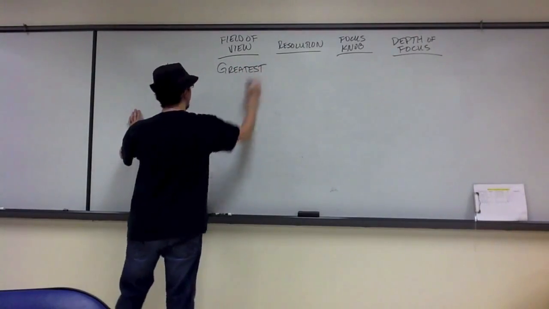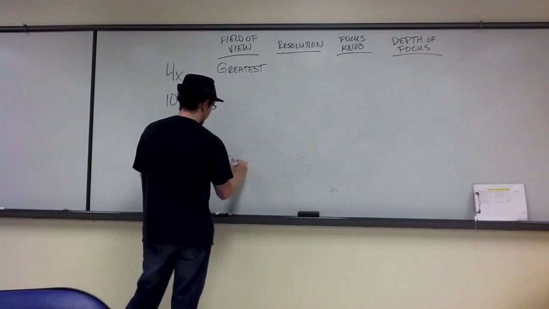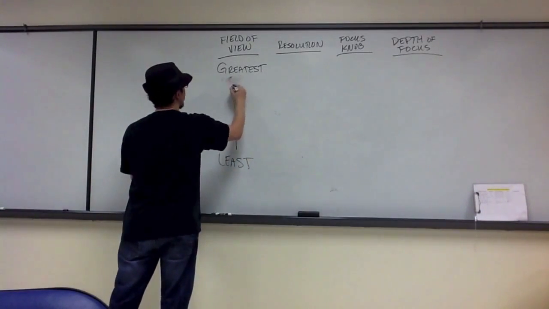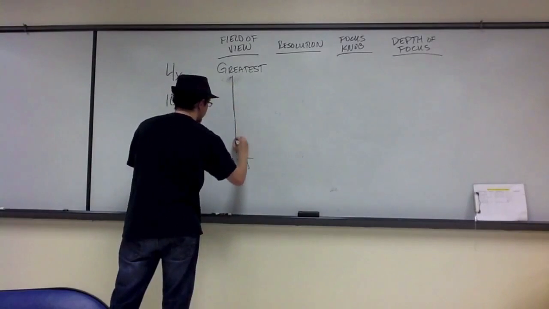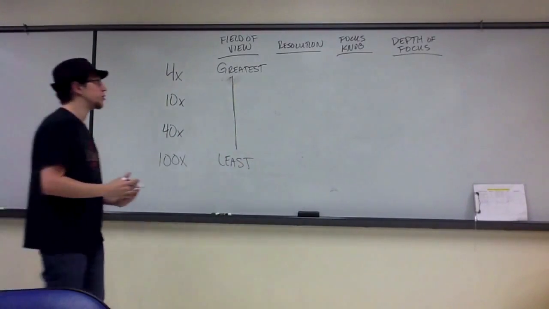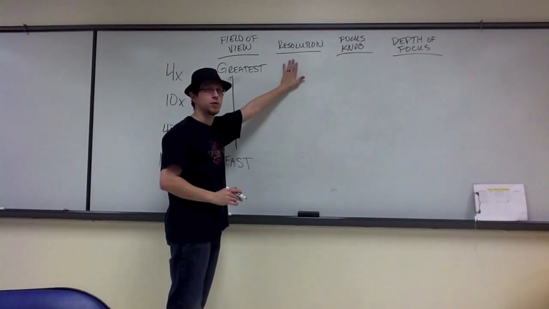While the 100x is going to have the least field of view. So from least to greatest, just draw like this. Least to greatest.